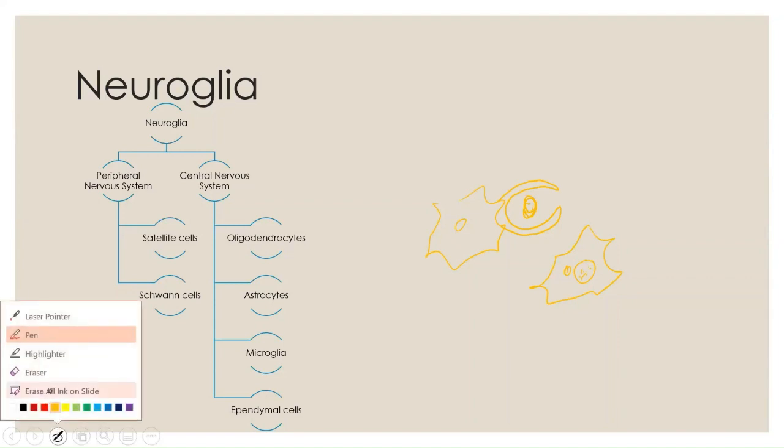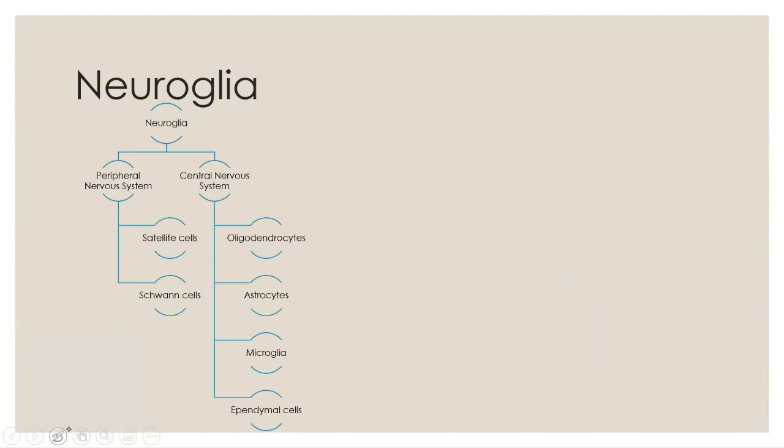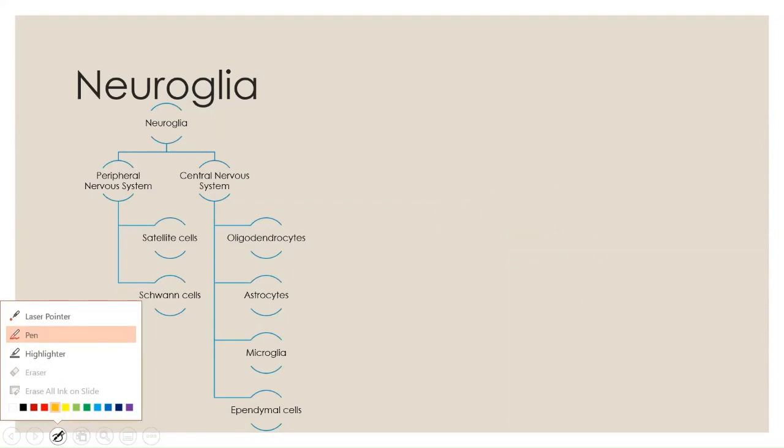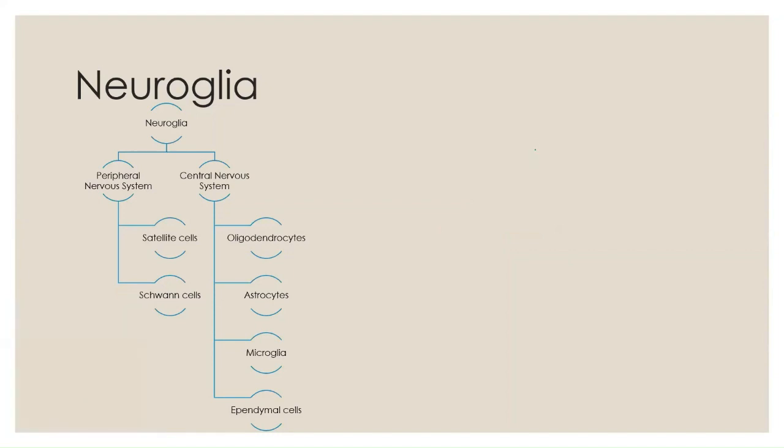And then you have the ependymal cells. These lie in the internal ventricle system. So if you look at the brain in a coronal section, I hope all of you know what a coronal section is.